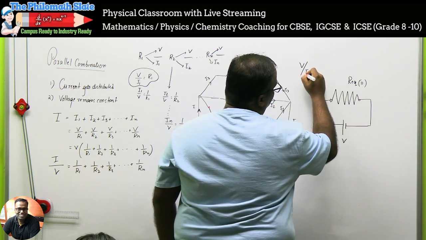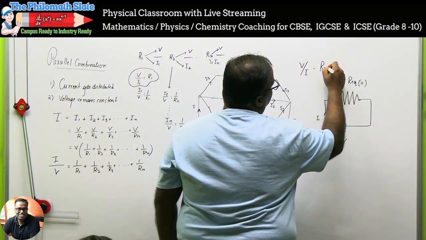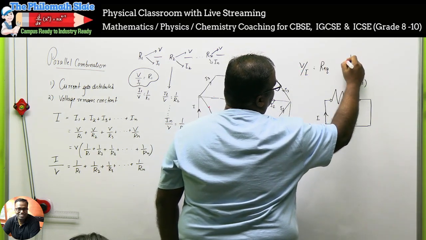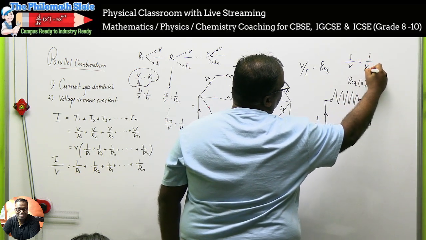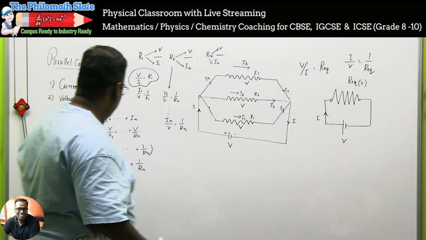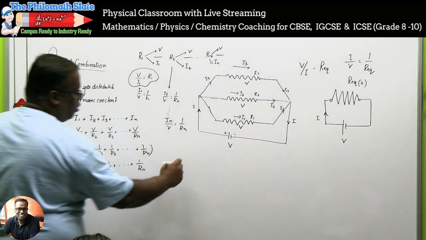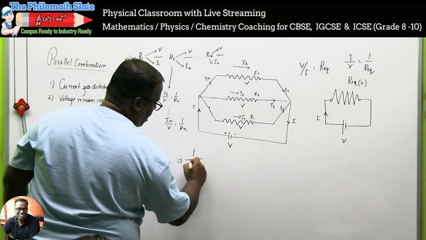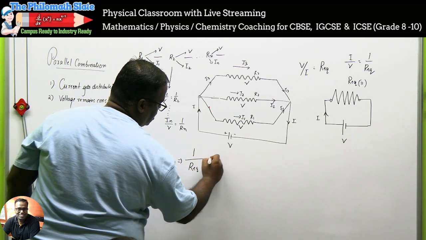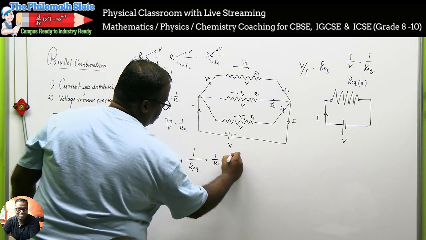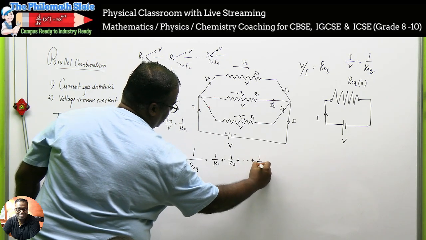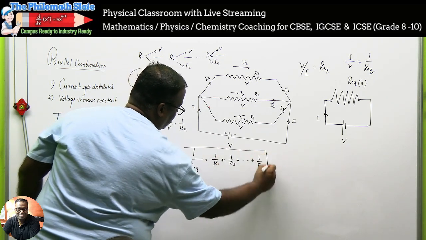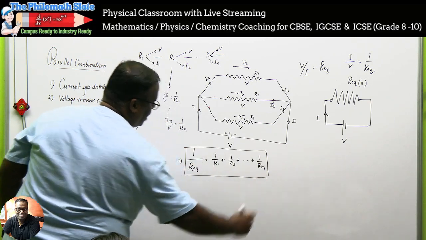If I put V upon I, what do I write? Req. And if I make the reciprocal, that is I upon V, अगर मैं I upon V लिखूं तो क्या लिखूंगा? 1 by Req. Right? So this expression can now be written as 1 upon Req is equal to 1 upon R1 plus 1 upon R2 plus 1 upon Rn. This is the overall resistance formula for parallel connection.